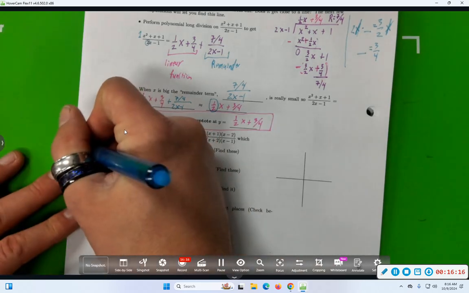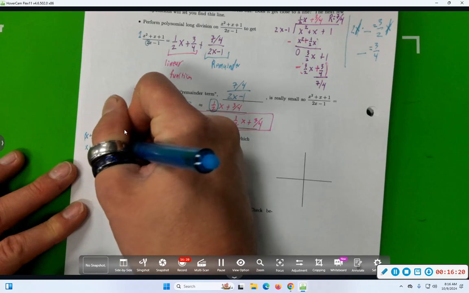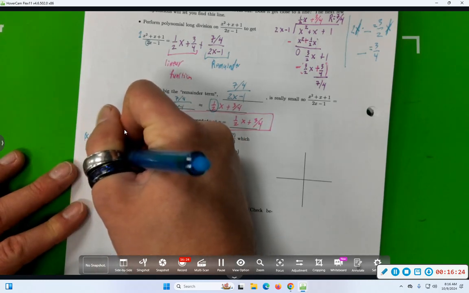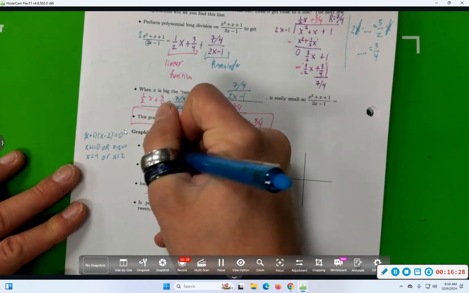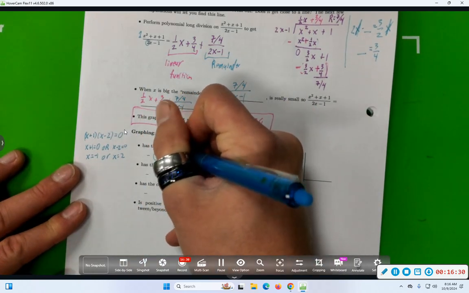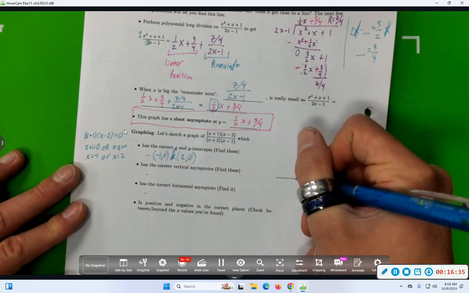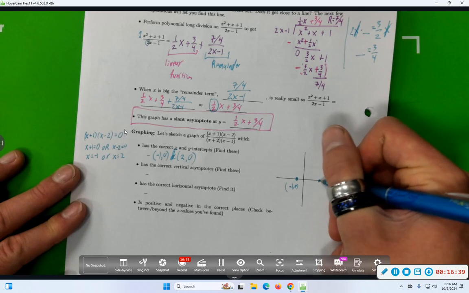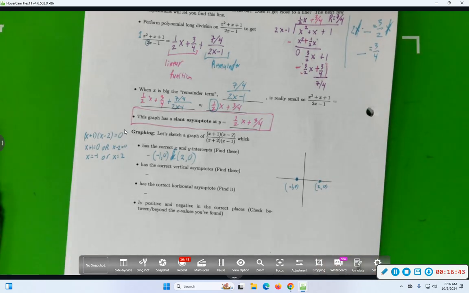So that splits to x plus 1 equals 0, or x minus 2 equals 0: x equals negative 1, or x equals 2. So the x-intercepts are (-1, 0) and (2, 0). Let's dot those. Negative 1, 0, and 2, 0. How do you find the y-intercept?